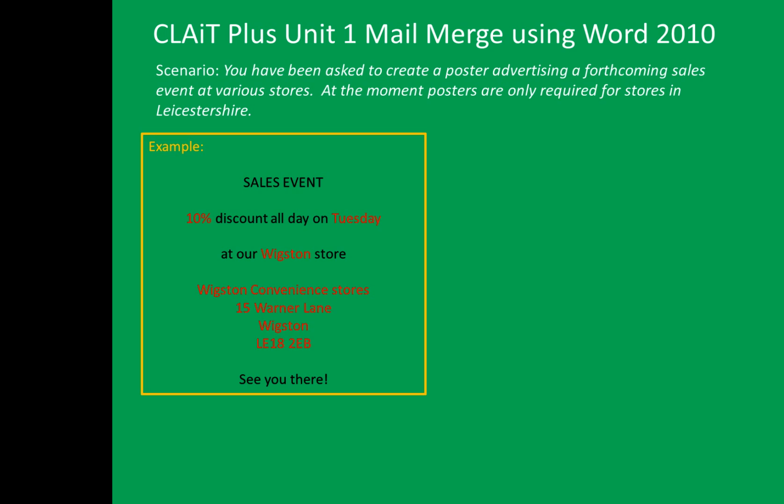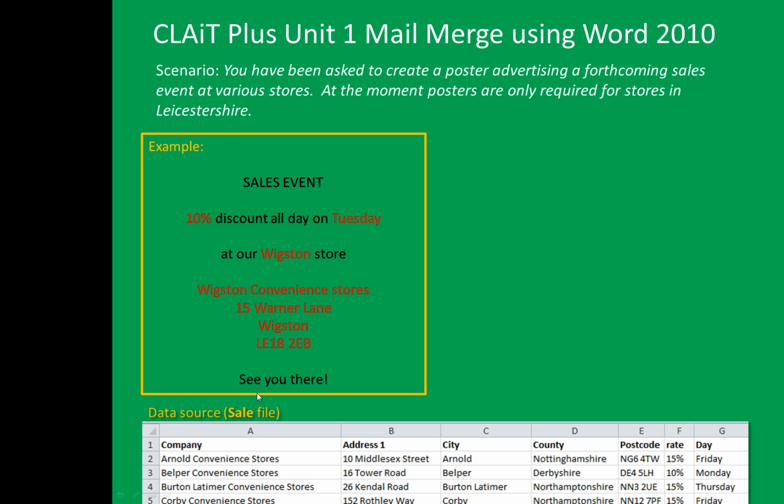So if you've got 50 stores, then you've got an awful lot of typing to do, which could take you quite some time. A way around that is to use a mail merge. The way the mail merge works is you create a single document, the main document, and instead of typing in all of the unique text, you just type in the common text, and then for the unique text you cross-refer to a data source.